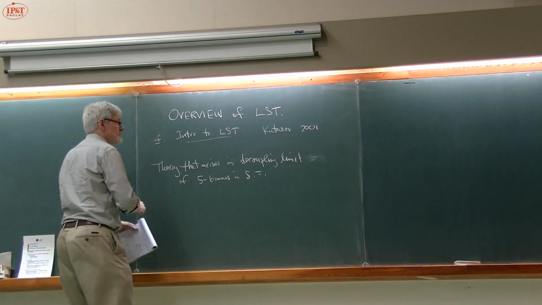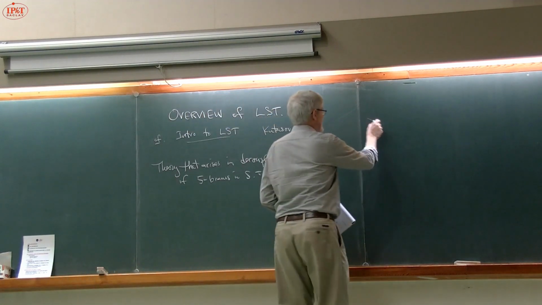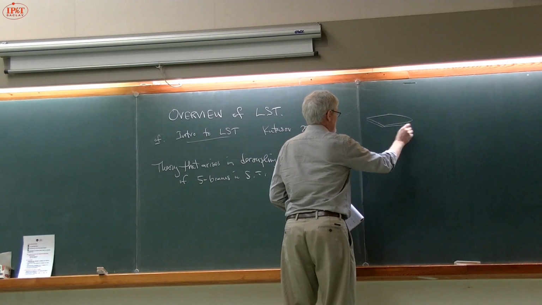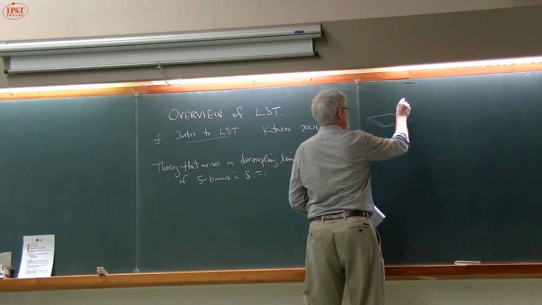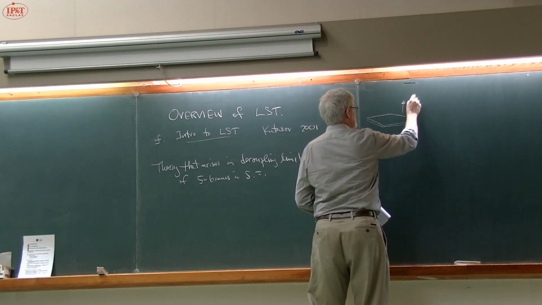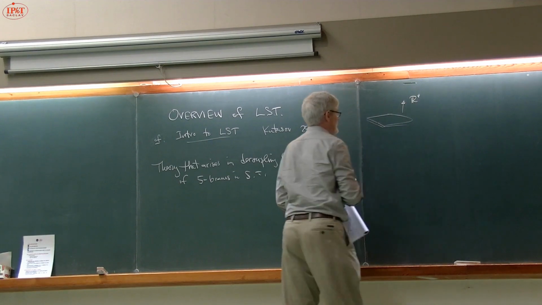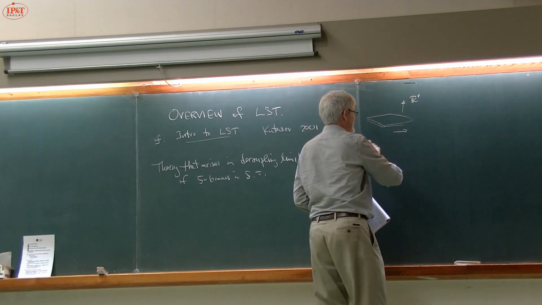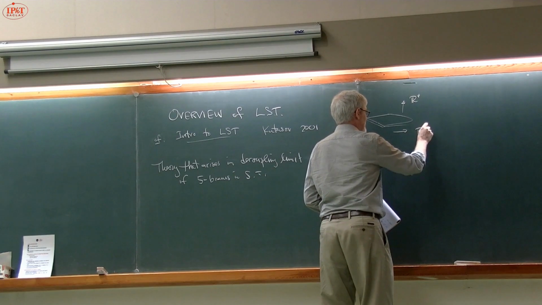So we have some stack of 5-branes. There will be some directions that are transverse, which are something like R^4, and then along the 5-branes, something like R^{5,1}.